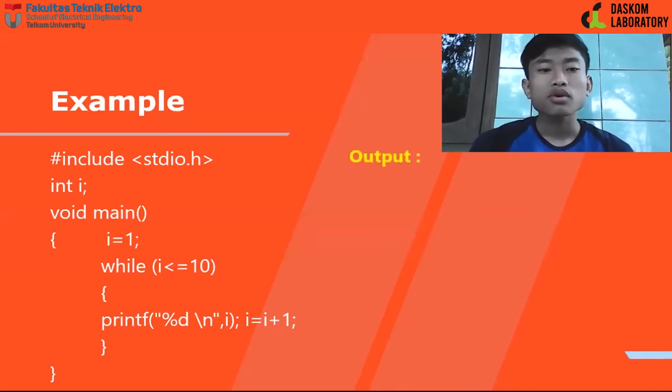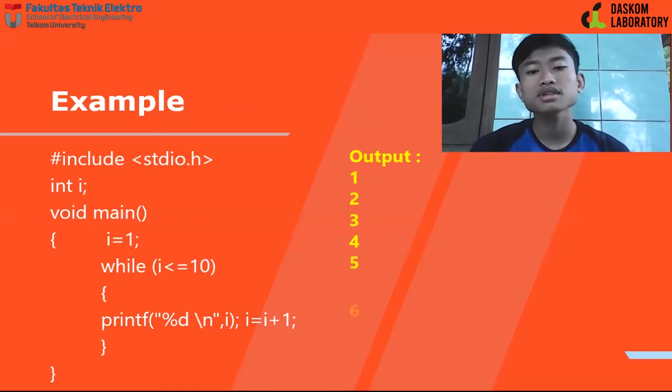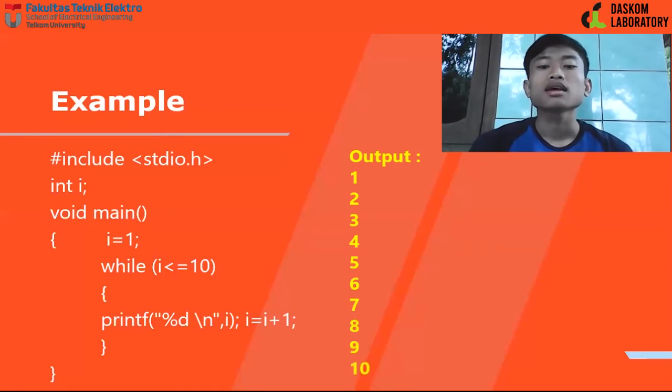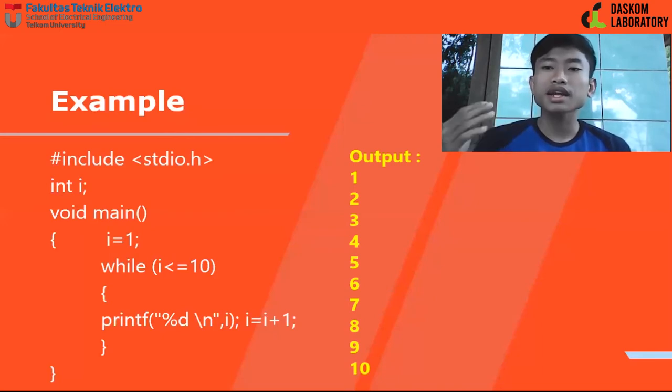The output of this simple program is 1, 2, 3, 4, 5, 6, 7, 8, 9, and 10. After 10, the program will stop because 11 is not less than 10. The essence of looping is that we have a small, simple code that can be repeated again and again.